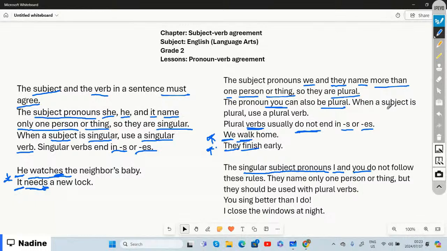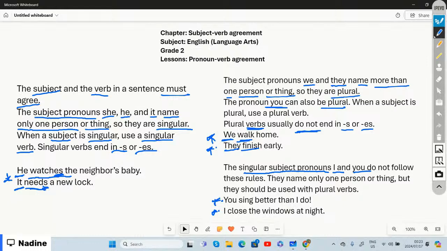And if we look at an example, it says, you sing better than I do. Not you sings. Or I close the windows.